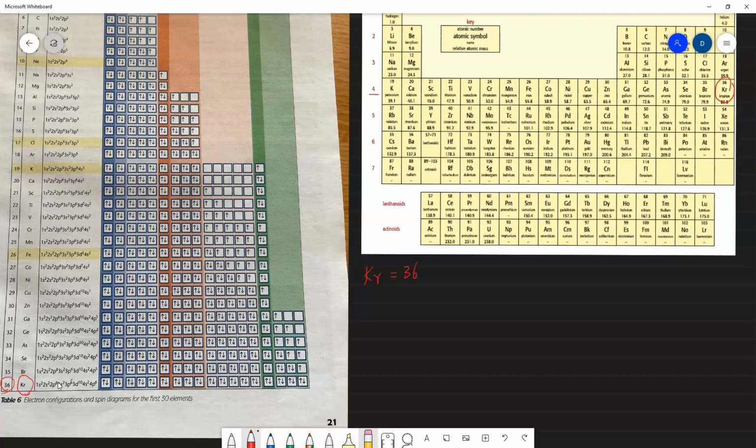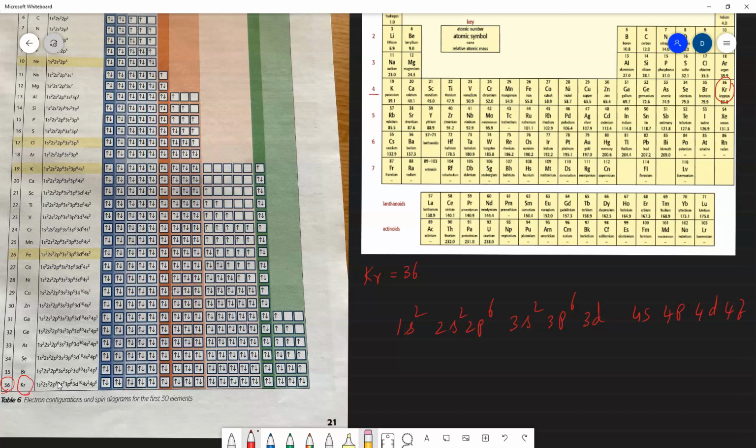Once you're used to this, you can just start saying 1s2, 2s2, 2p6, that's fine, 3s2, 3p6, and before 3d you got 4s there as well. So write 4s, 4p, 4d, and 4f.